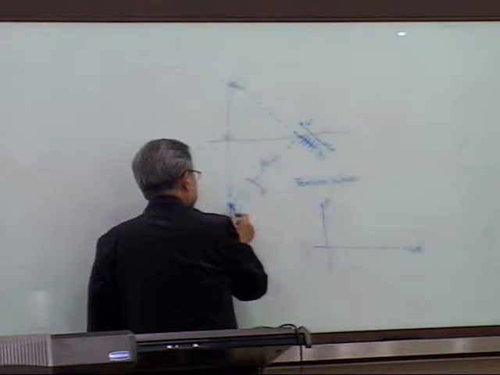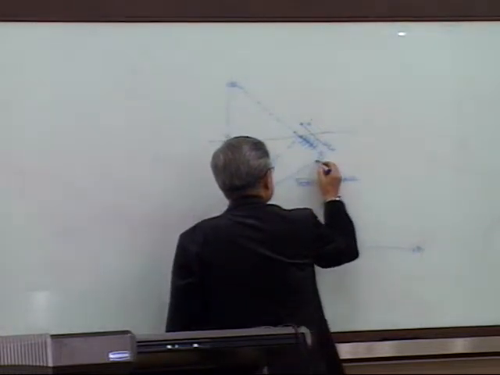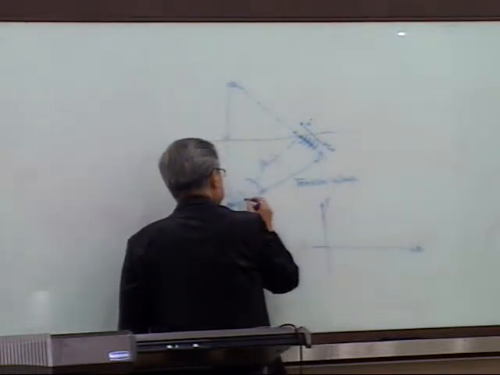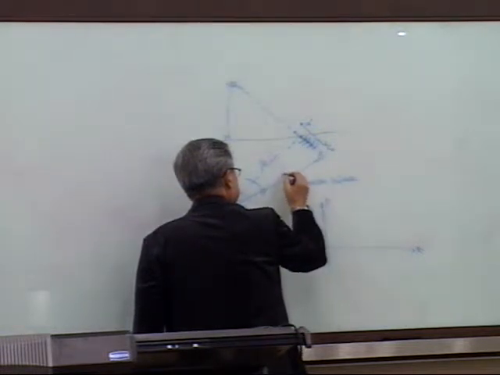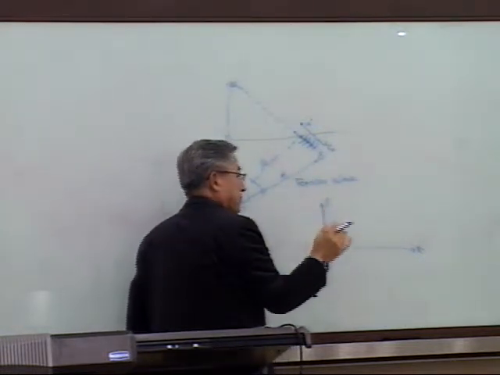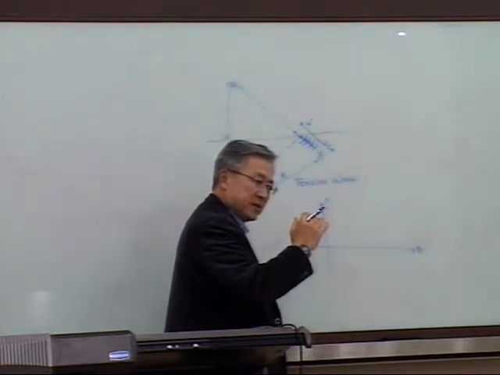So until this guy, well, this is the incident wave. Until this guy hits the target, that's called, this is R. It's very quiet. The shock wave is moving and hits the target.